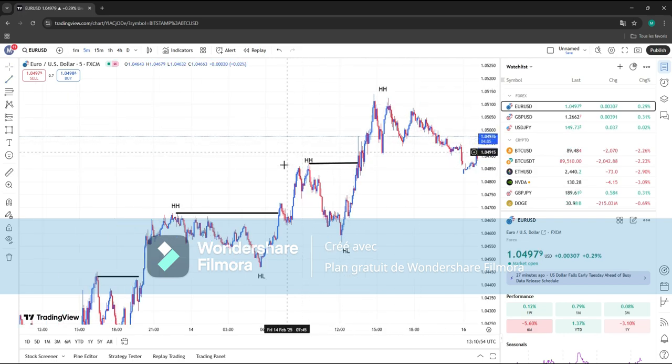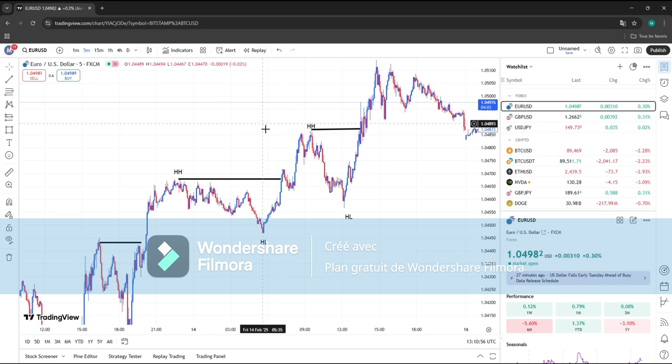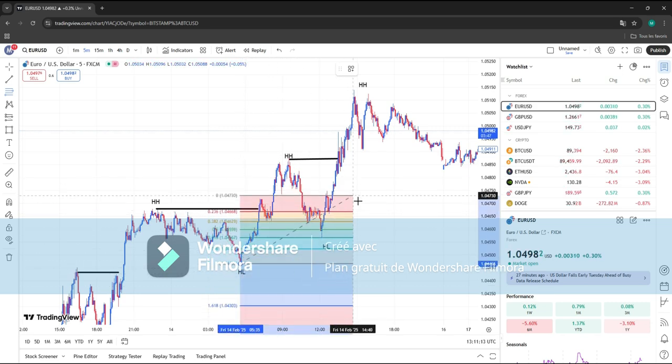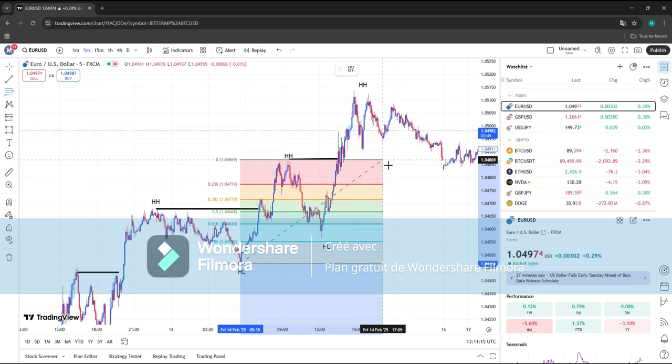Because of this, we have an uptrend. When we look, we touch the Fibonacci of bullish, not bearish. We go to the Fibonacci retracement and we look from the higher low of the structure to the higher high of this structure right here.